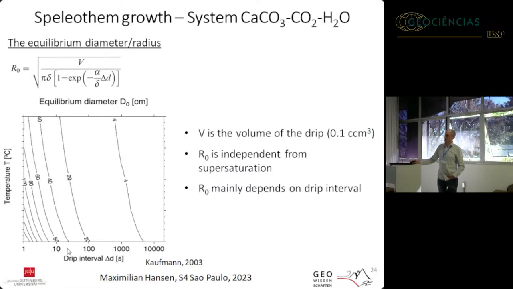So this is again the temperature plotted against the drip interval, and these lines are the equilibrium diameters in centimeter. And you see for very high drip intervals, the equilibrium radius would be much lower than for very high drip rates. But this is just because you replace the solution faster, so that the initial supersaturation would be just higher for faster drip rates. Okay.